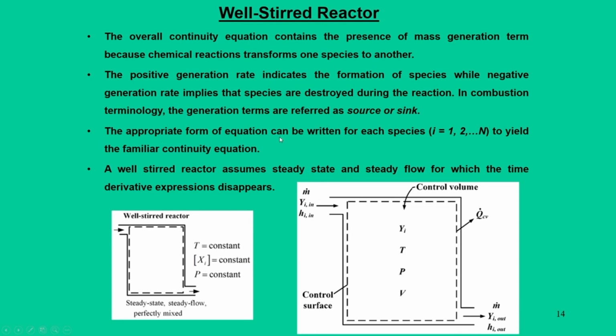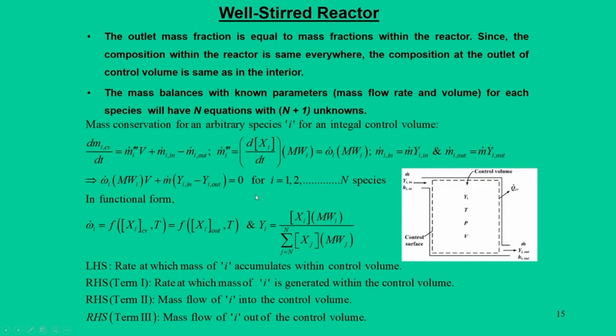To do this analysis we need to frame the appropriate form of equations for each species. There may be n number of species. The well-stirred reactor assumes steady state, steady flow, for which the time derivative expressions disappear. So, how does it look?